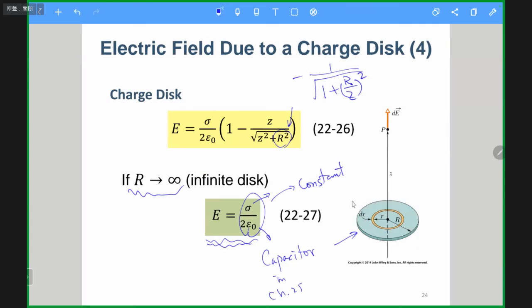But even if the plate is not large enough, if you consider a point close to this plate, you can consider the E field quite uniform. So that's the point here: a large charge plate will generate a uniform E field.